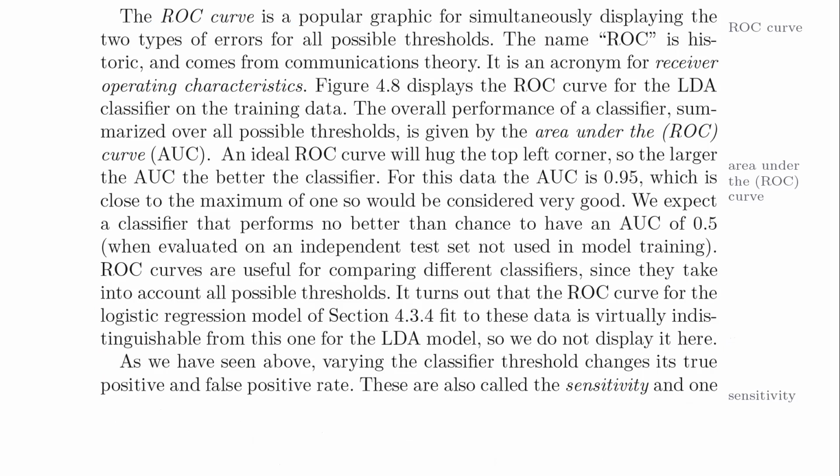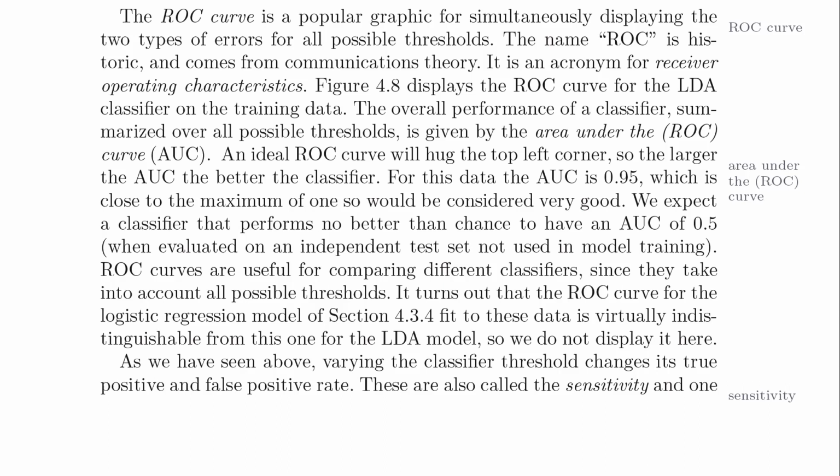It is an acronym for receiver operating characteristics. Figure 4.8 displays the ROC curve for the LDA classifier on the training data. The overall performance of a classifier summarized over all possible thresholds is given by the area under the ROC curve.